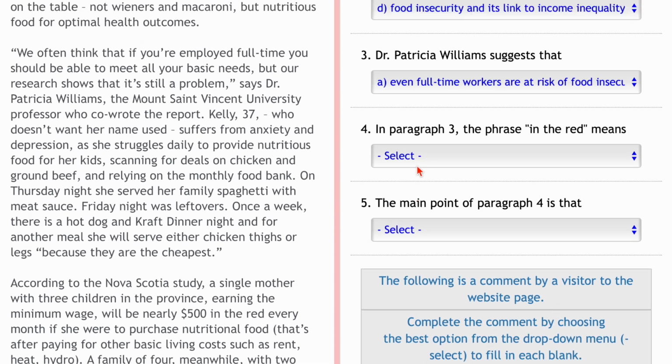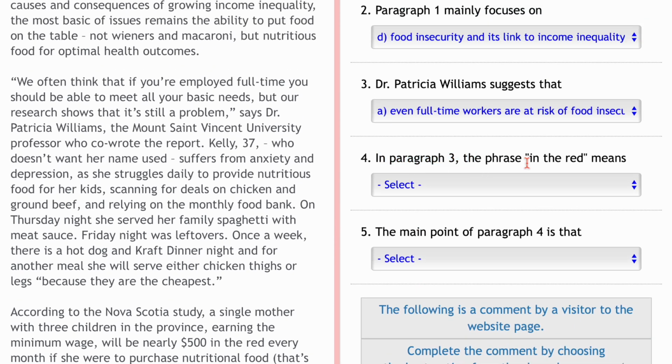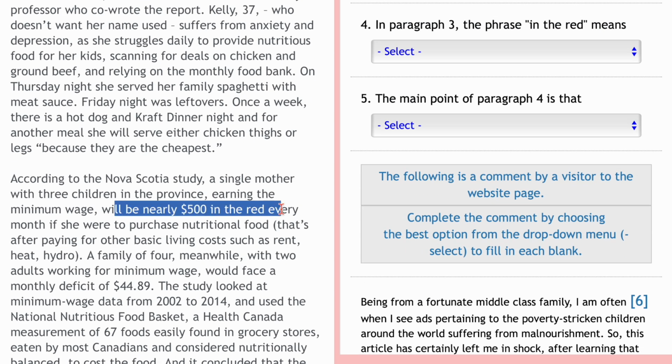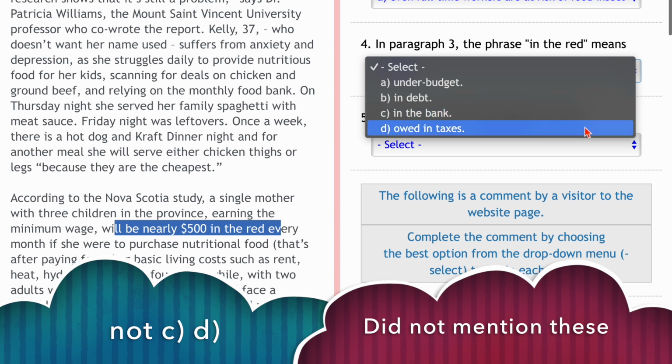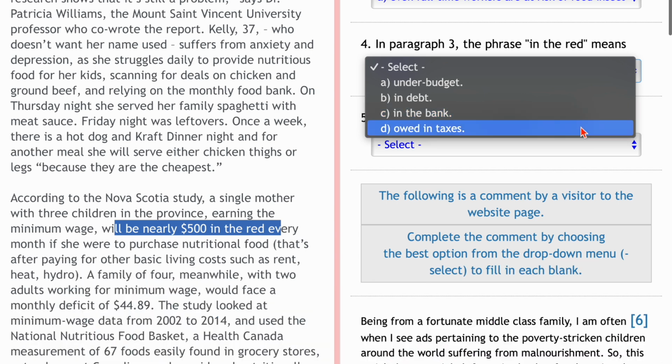So I saw the question here, question 3, the phrase in the red means, okay, we have it over here, in the red. What does that mean? Under budget, in debt, in the bank, owed in taxes. Well, it's definitely not in the bank or owed in taxes. I didn't mention those two.